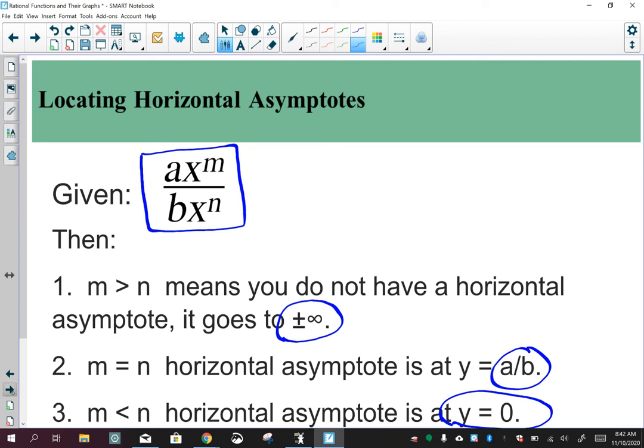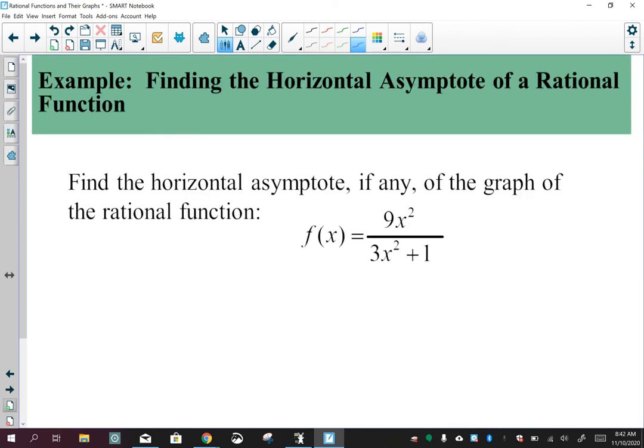So let's take a look at this. Find the horizontal asymptote, if any, of the graph of this fractional function. I only care about the highest exponent on the numerator and the highest exponent on the denominator. So I'm going to take 9x squared and put it over 3x squared.